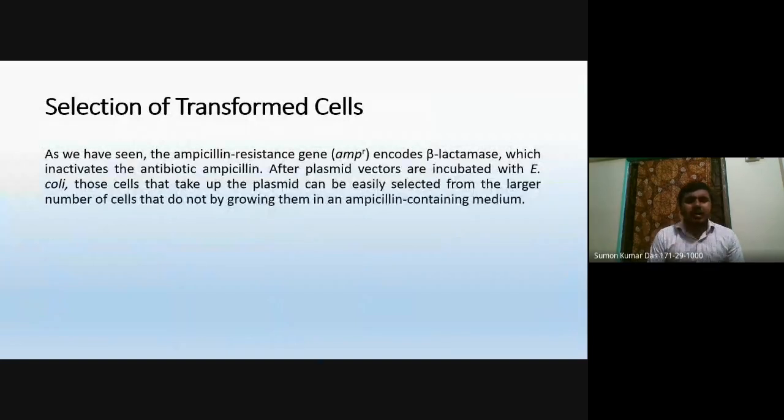Here I try to present through writing that the ampicillin resistant gene encodes beta lactamase, which inactivates the antibiotic ampicillin. So the plasmid vector containing this resistant gene can easily survive in the ampicillin containing media, otherwise not.